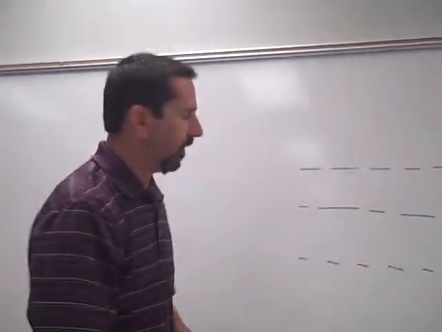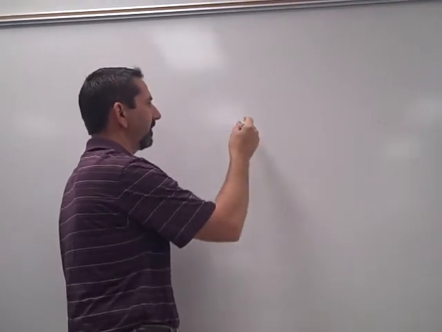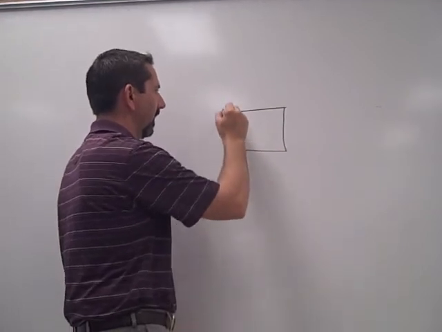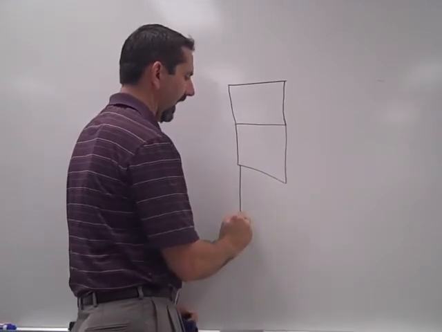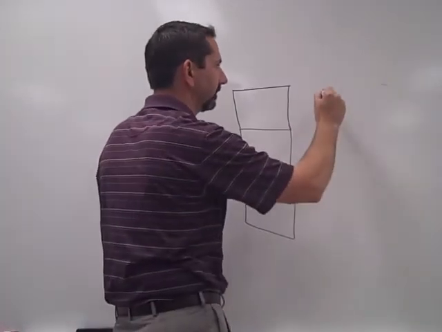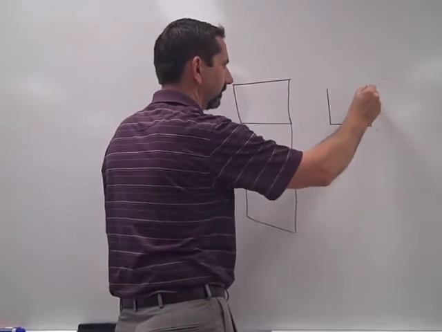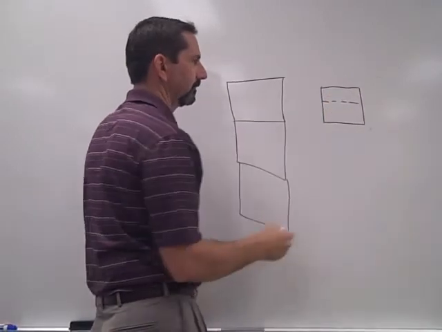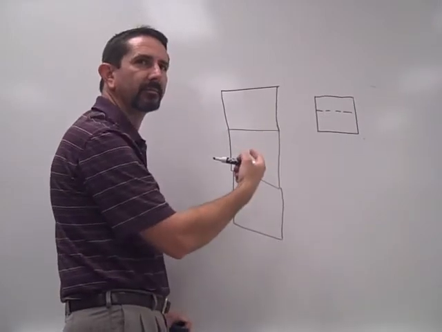All right. What happens if on an object, if I drew this object, and I told you it was the top view, so when we turn it up, what line did we lose?